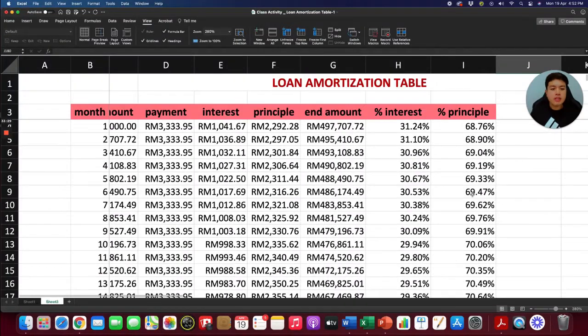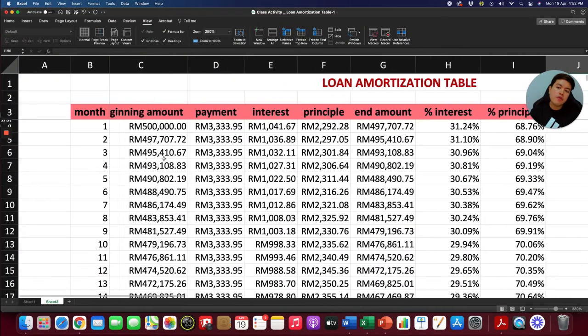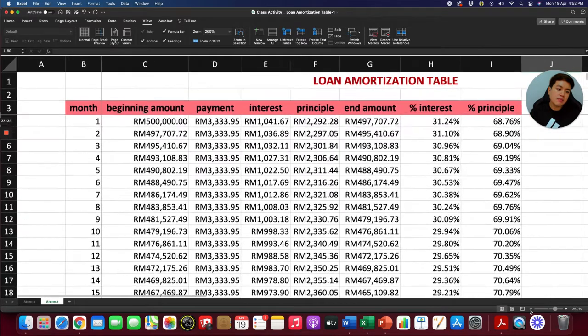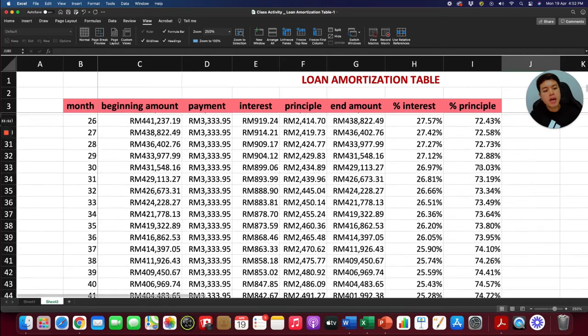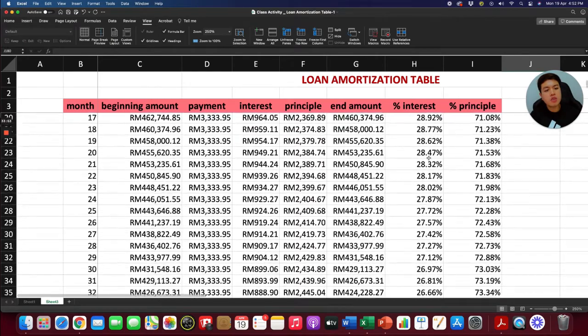So it shows that, if you notice, when you first borrow money from the bank, okay, let me make it a little bit smaller. When you first borrow money from the bank, during the earlier months, you pay more interest. And then as you pay more, if you notice, the principal amount goes up, and the interest amount goes down.